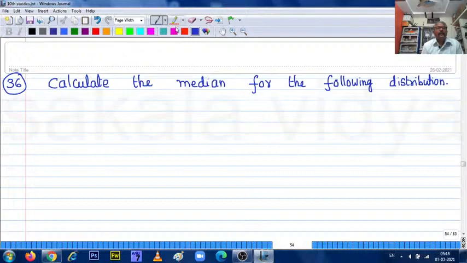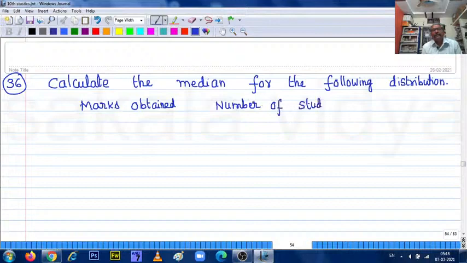Here what is given is marks obtained and number of students.